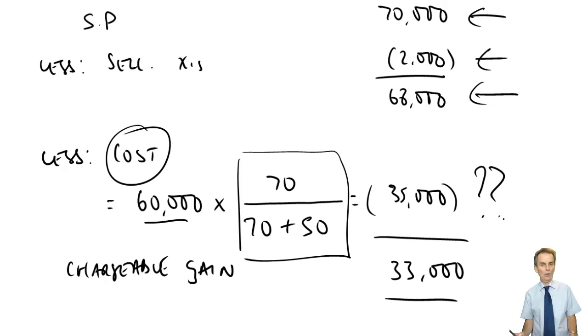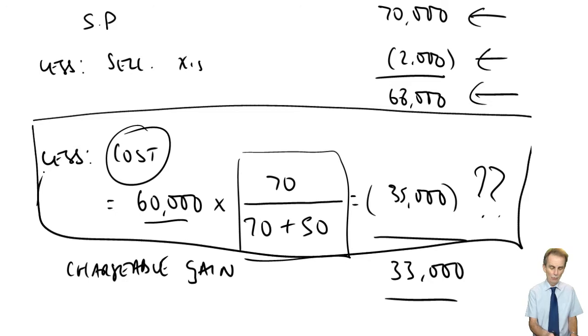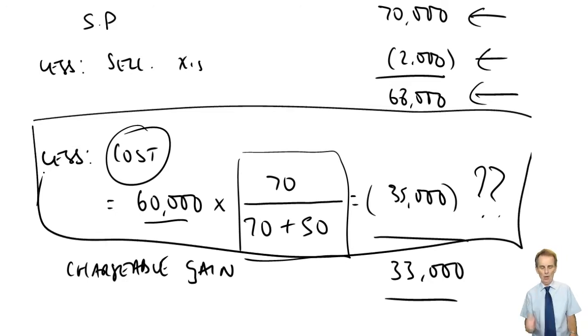The question mark is, what allowable cost should there be? What you would have to do is to go back to this part of the original calculation of the original gain. When the first part was sold, how much of the cost of £60,000 did you then expend?